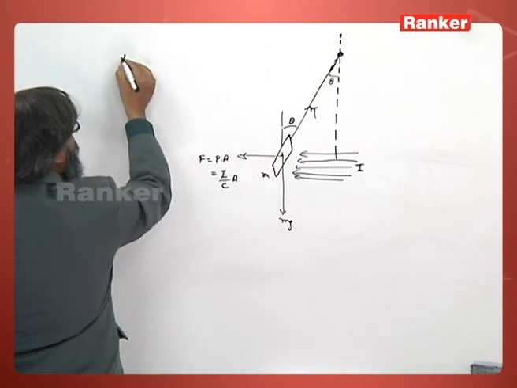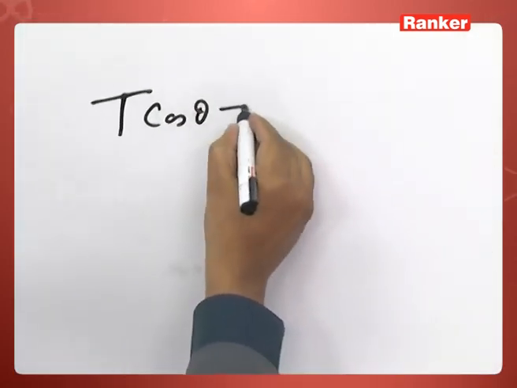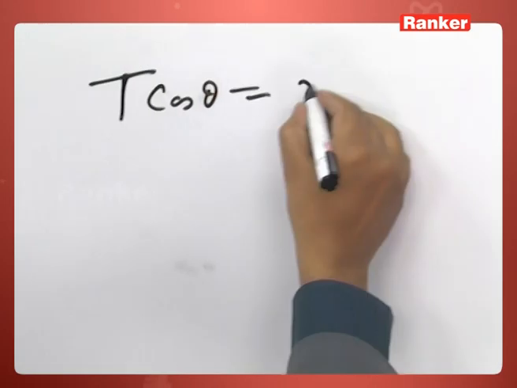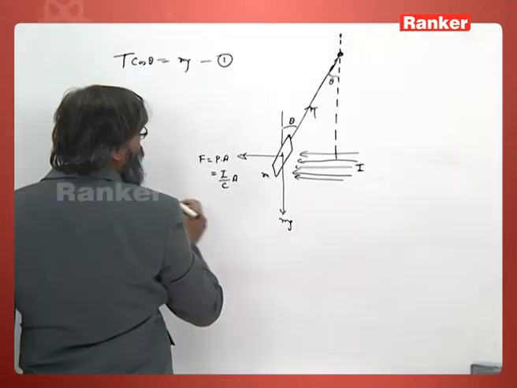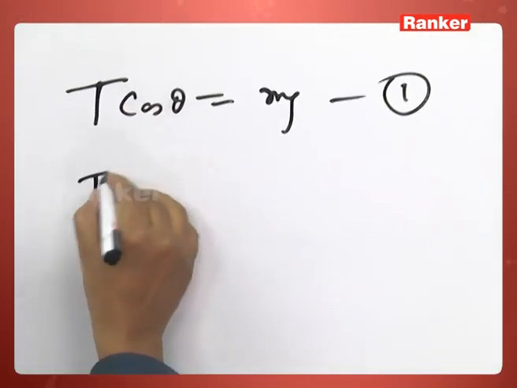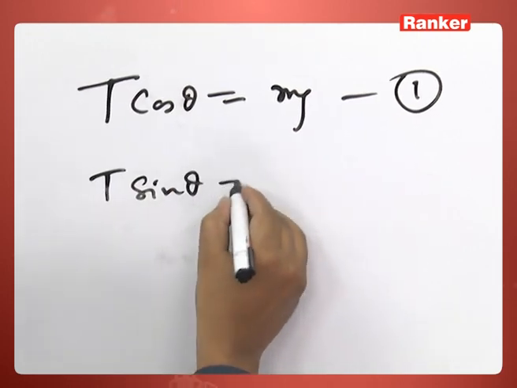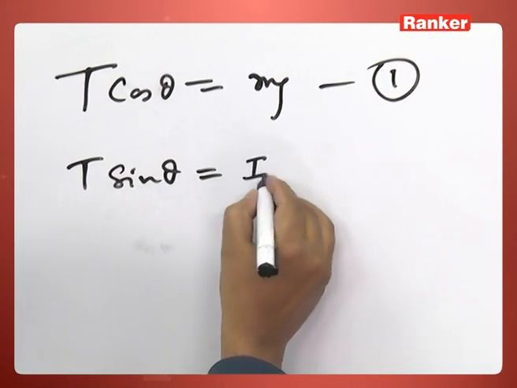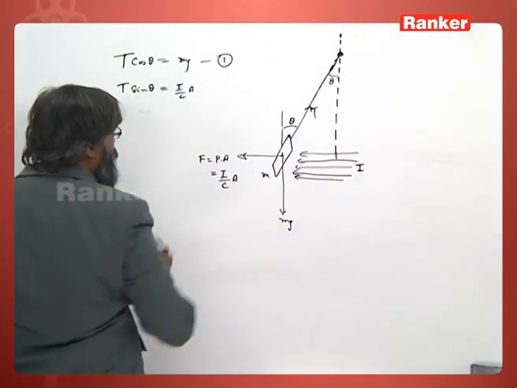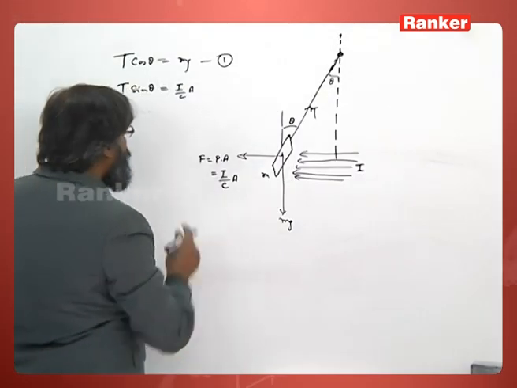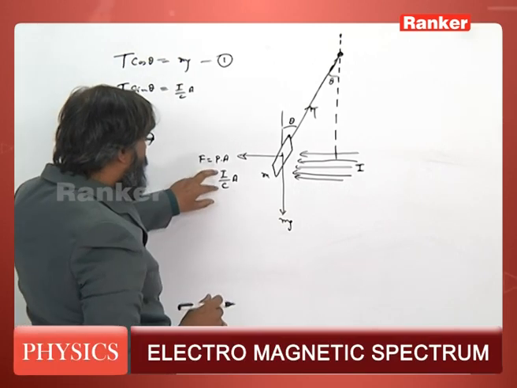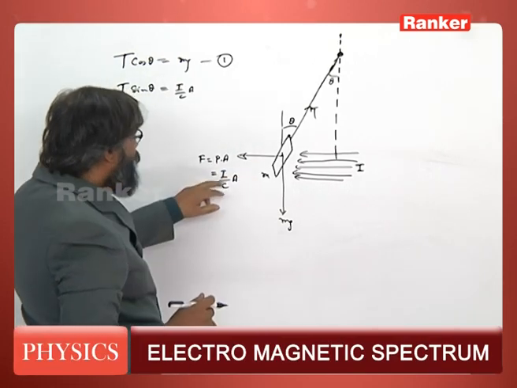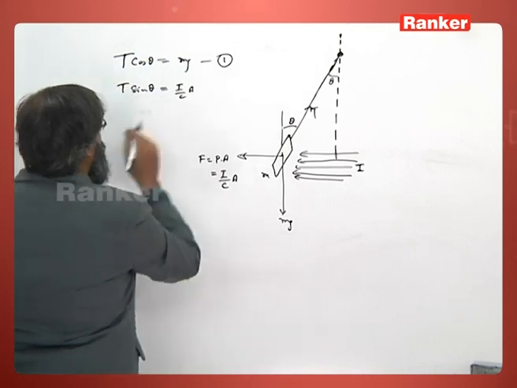So we have T cos theta balancing its weight mg, this is equation number 1, and the T sin theta component is I by C into A. This is the force. Radiation pressure is I by C, it is completely absorbed. So I by C into area is the force.